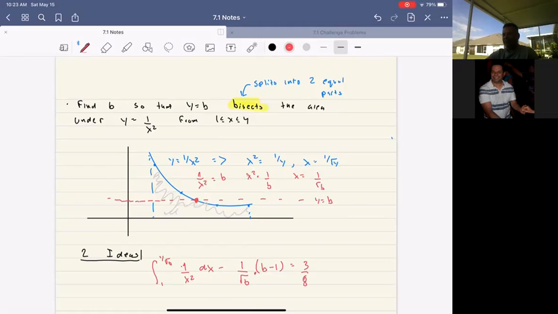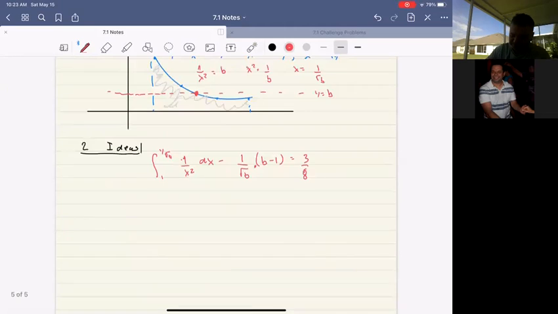I don't like that idea at all. Okay, instead, what am I going to do? I'm going to do the integral in terms of y.